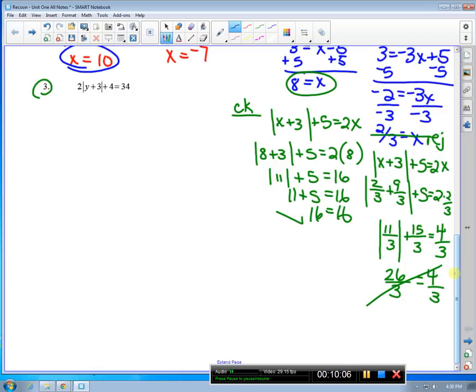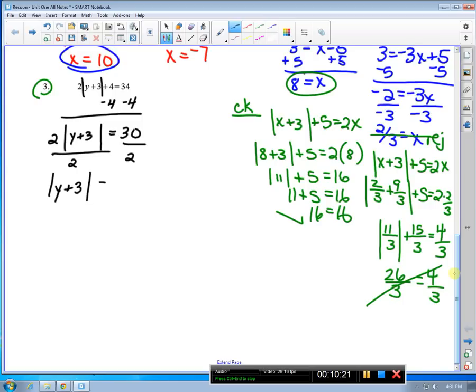We need to get the absolute value bars alone. So we're going to subtract 4. Then we take the two sides, write it without the bars, equal to the positive of that side, and write it without bars, equal to the negative of that whole side.